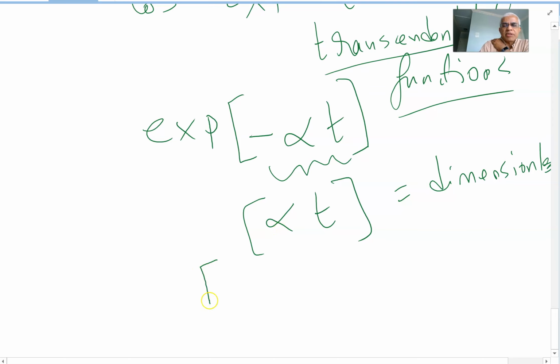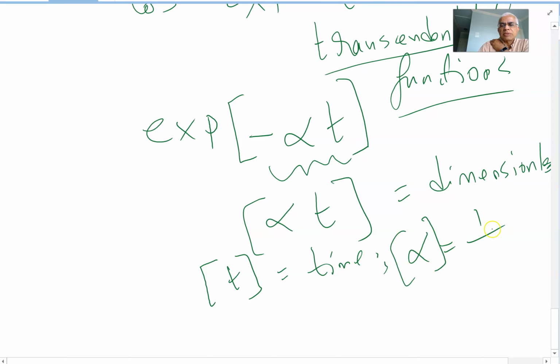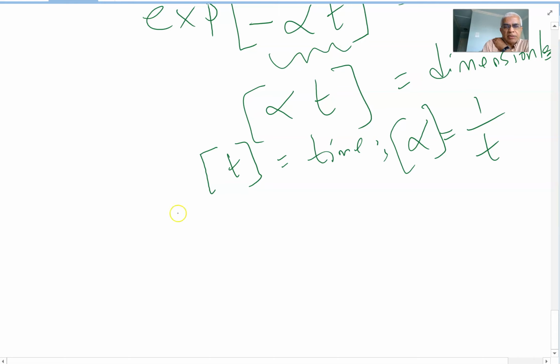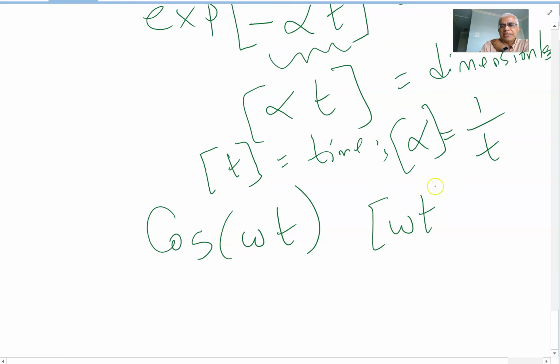So for example, if t is time, then alpha has to have dimensions of 1 over time, so that the product of those two quantities will be a dimensionless quantity. Similarly, when you have something that looks like this, cosine of omega t, that appears in an expression, the dimensions of omega t have to be dimensionless.